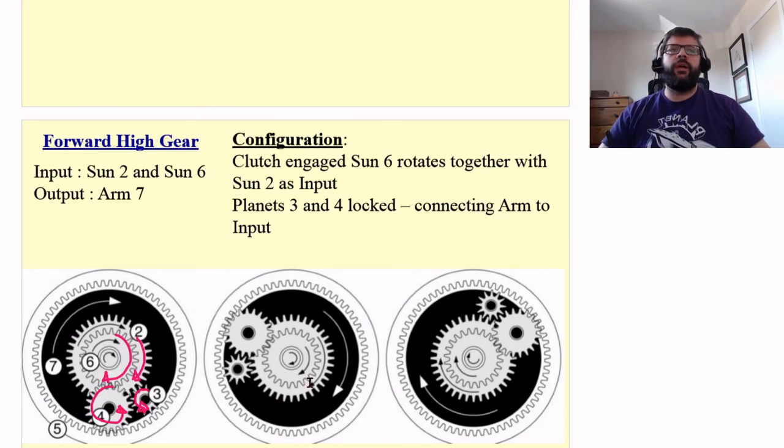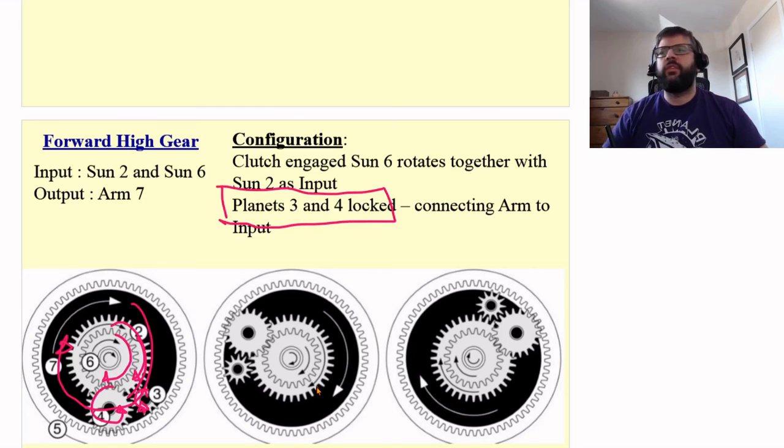So instead of attaining this rotation by having 3 and 4 rotate, all this rotation just needs to be done by having 7 rotate at the exact same speed as the input. So that locks those 3 planets against one another, and that means we're connecting our arm directly to the input.